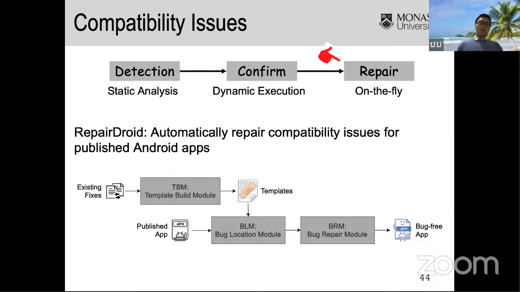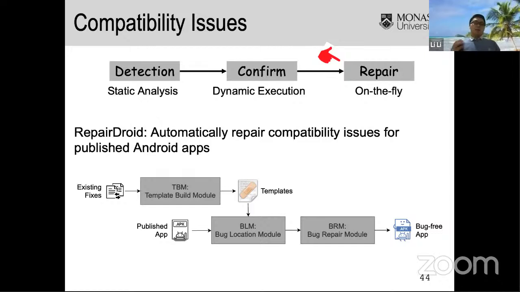For the latter case, we have designed and implemented a tool called Repair Droid, which aims to automatically repair compatibility issues for published Android apps. The implementation of the tool includes 3 modules. I will briefly introduce them. For the first module, we already detected hundreds of compatibility issues, so we manually understood them and introduced templates to model those issues.